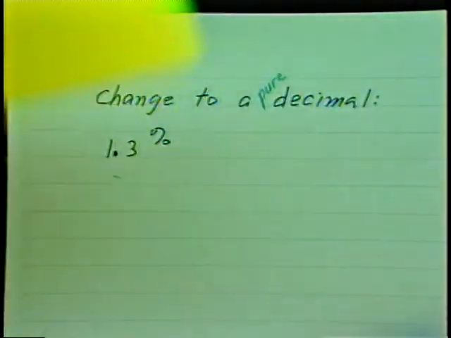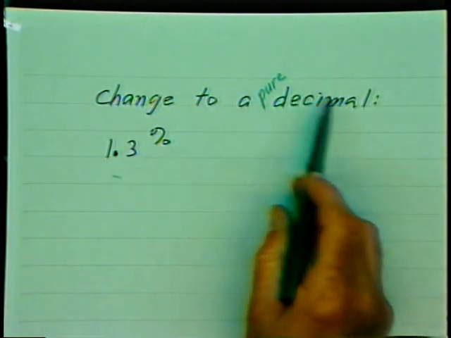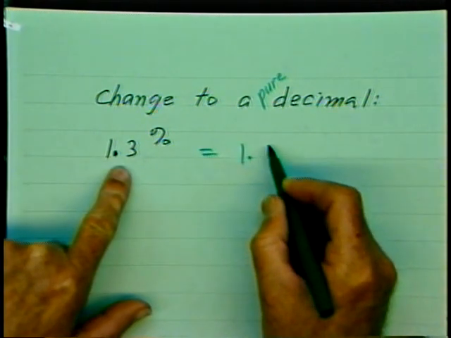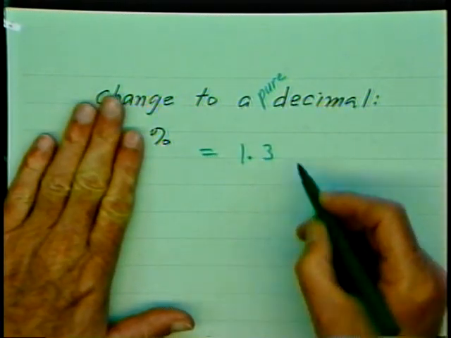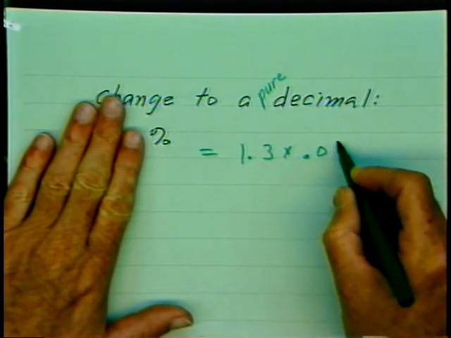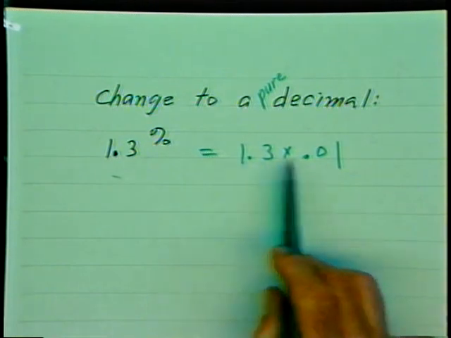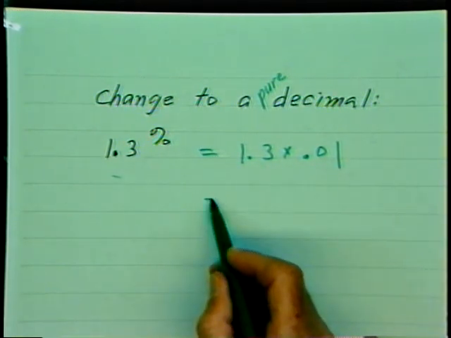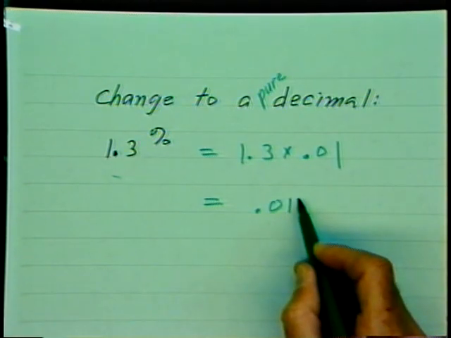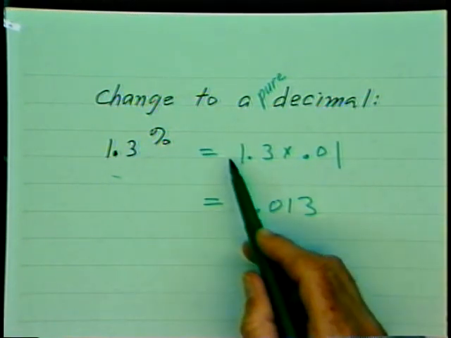So in this problem, since we want to get to a pure decimal, I will replace this percent by times 0.01. Then if we multiply these two, we would get 0.013. You can multiply it and double check it.